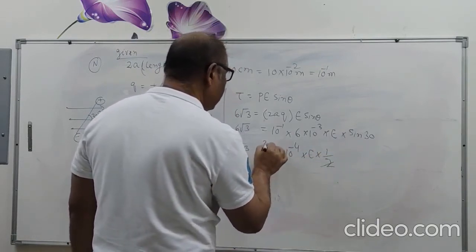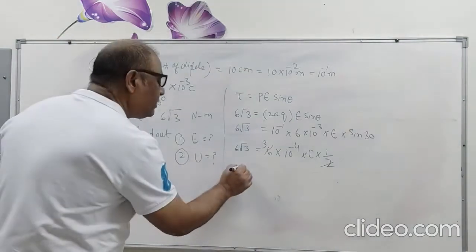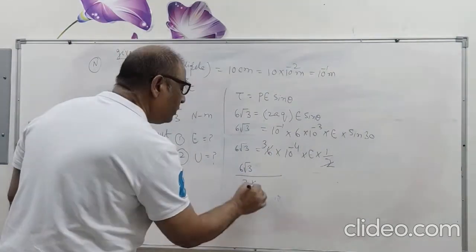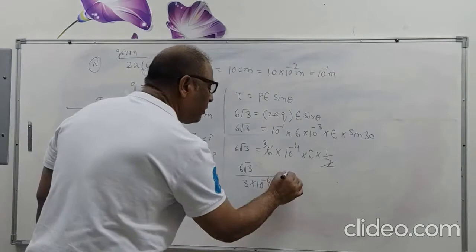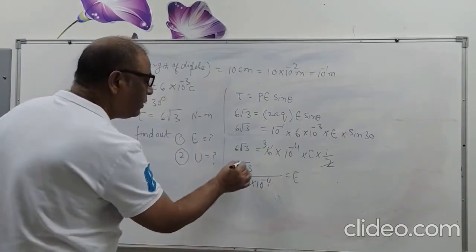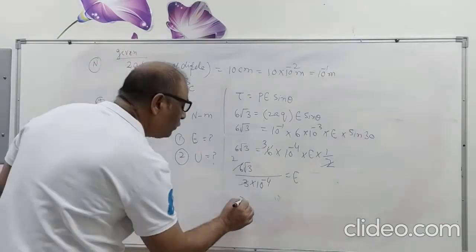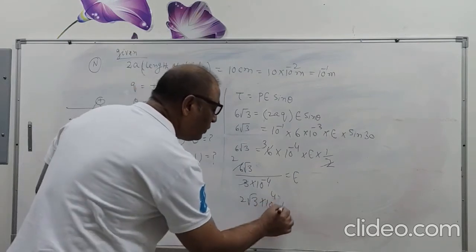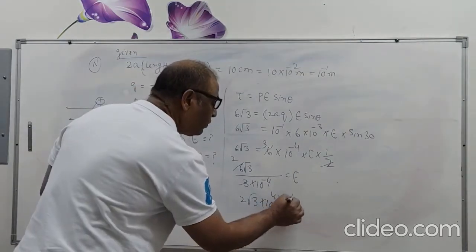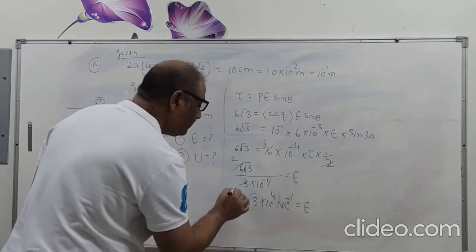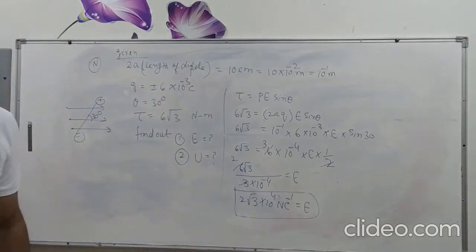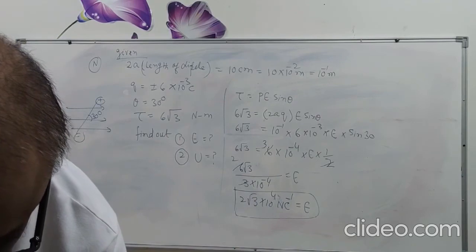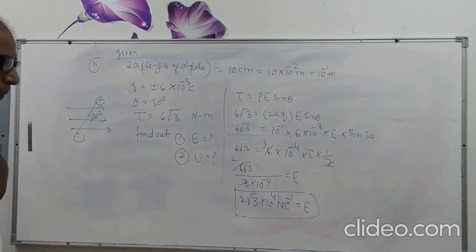Then the electric field equals 6 root 3 upon 3 into 10 to the power minus 7, and the 3 goes with the 6, so the electric field is 2 root 3 into 10 to the power 6 newton per coulomb.